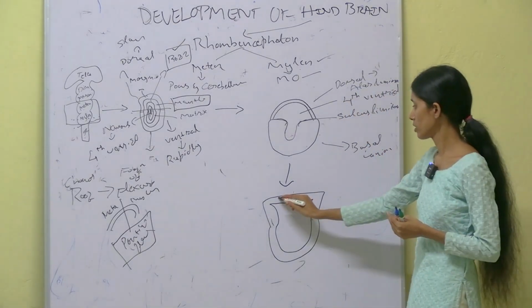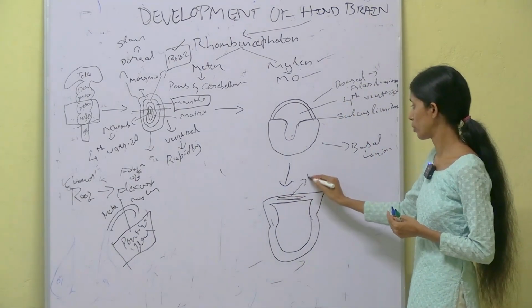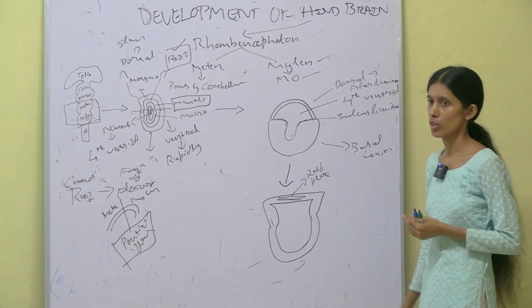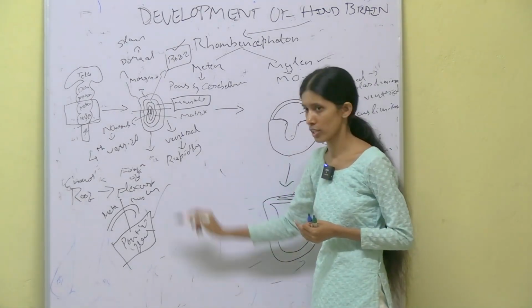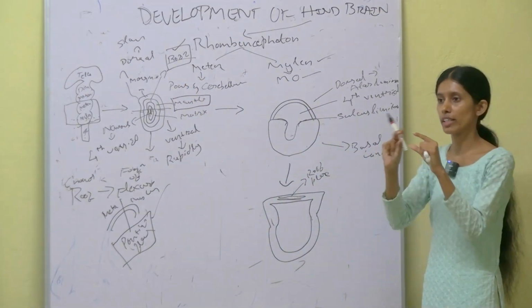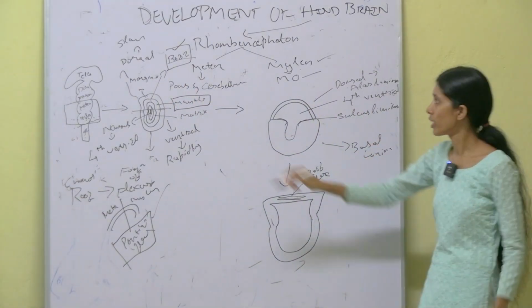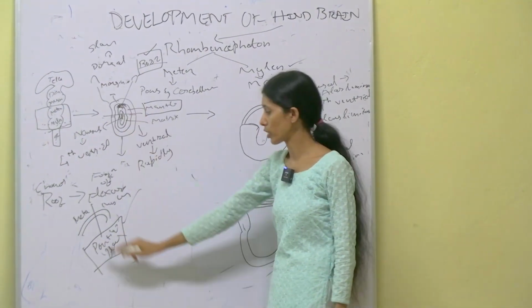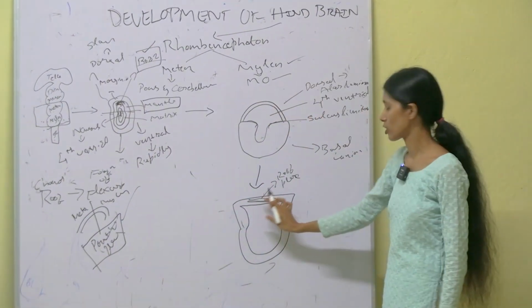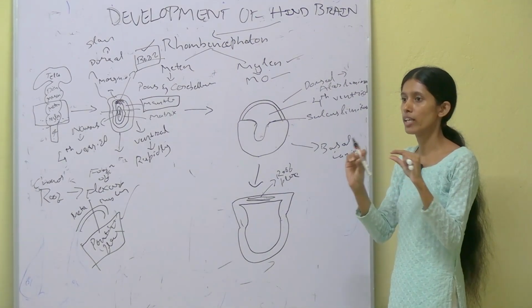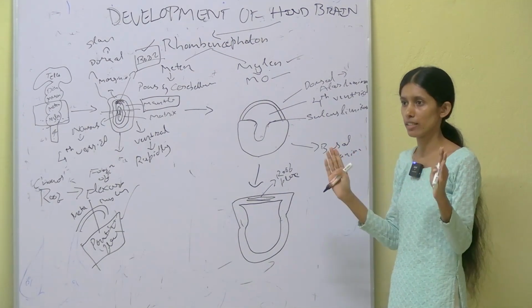Okay, so this is your roof plate. Once the pontine flexure occurs, your roof plate will become thin and it will get elongated on either side.